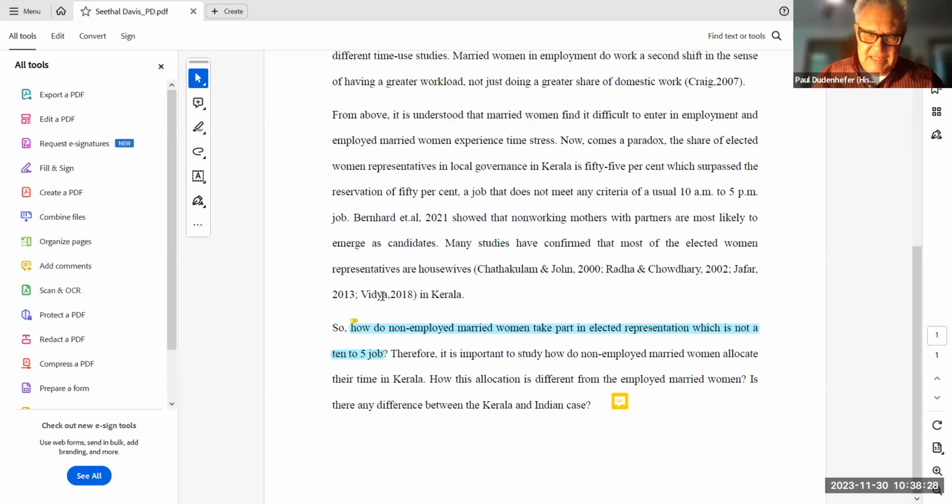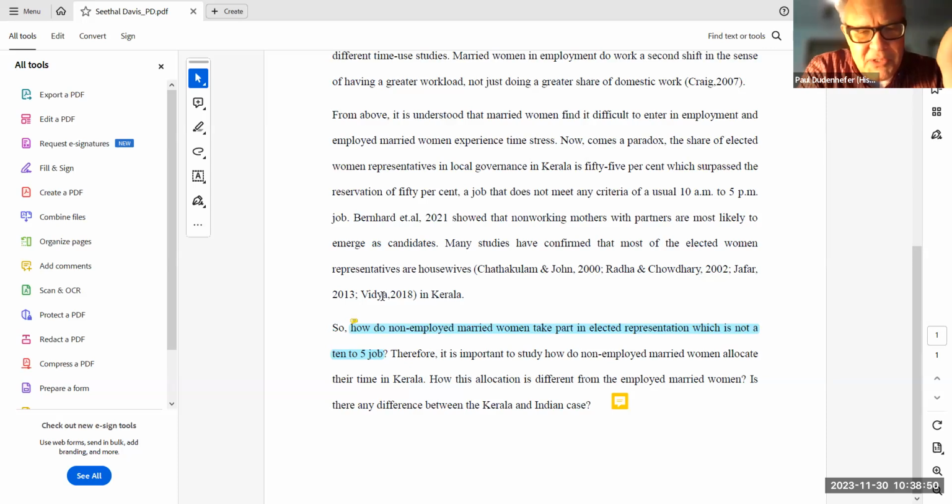And so maybe the first two paragraphs can be condensed into just one. And then the second paragraph, you can get into the literature that points to, or that leads to, or that opens up the question that you ask.